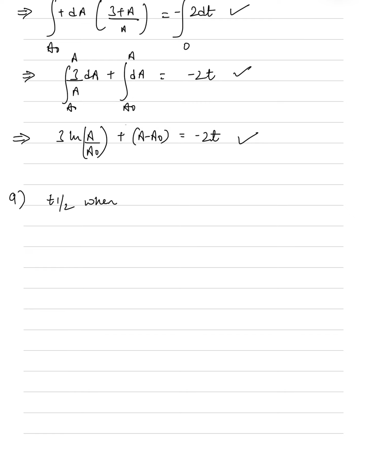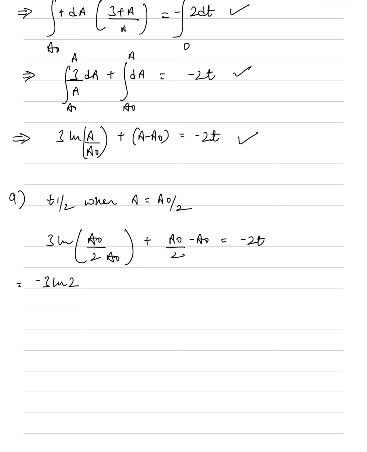when A is equal to A naught by 2, right? So if I put this value in here, it will be 3 ln of (A naught by 2)/A naught plus A naught by 2 minus A naught is equal to minus 2t, right? So it will be 3 times ln of 1 by 2, and if I want to convert it into ln2, we will have to put the minus sign here.